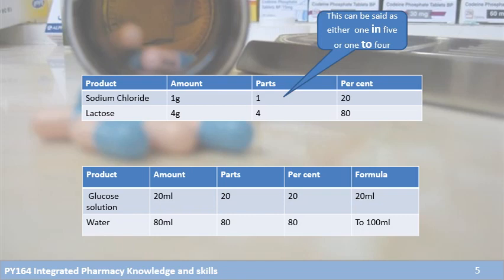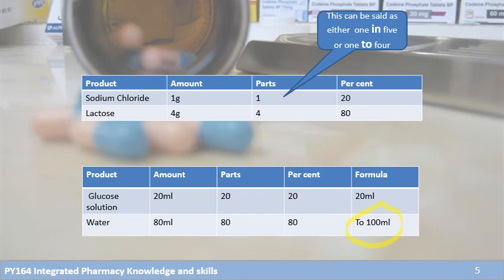So you can see here that formulae are fairly straightforward as long as you remember what it is you are looking at. One of the things I want to highlight here is this idea of the formula being made up to 100 mils rather than saying add 80 mils to 20 mils.